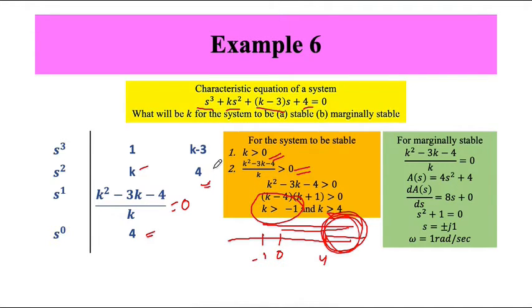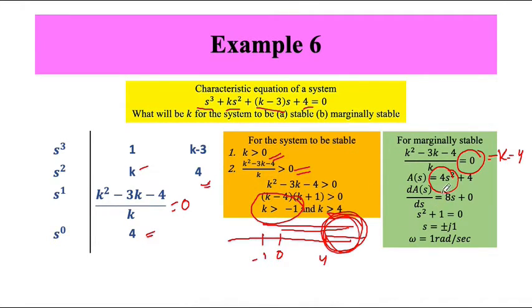I'm just writing k, it should be equal to 0, then I will calculate the value of k and put the value over here. That is my auxiliary equation. From here we will get k equals 4, and then I am putting 4s square plus 4.